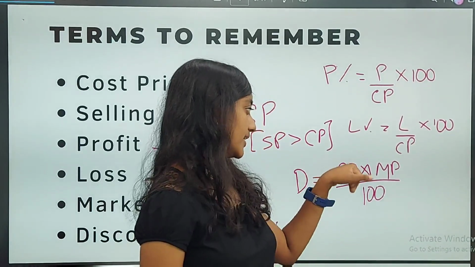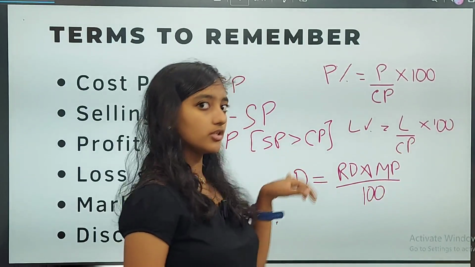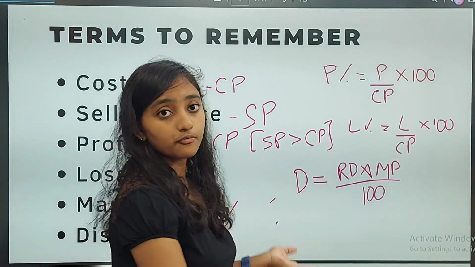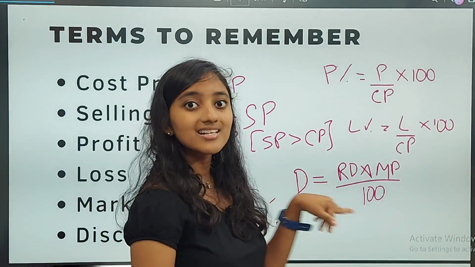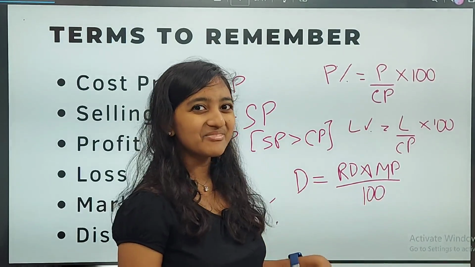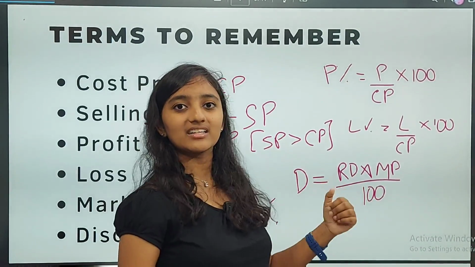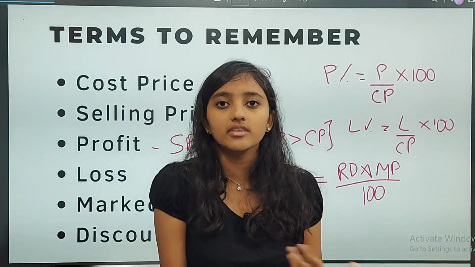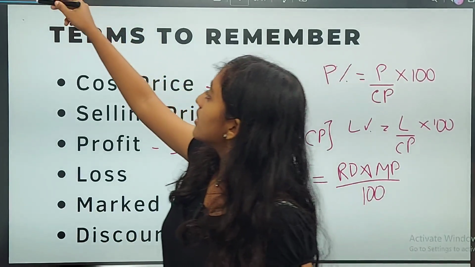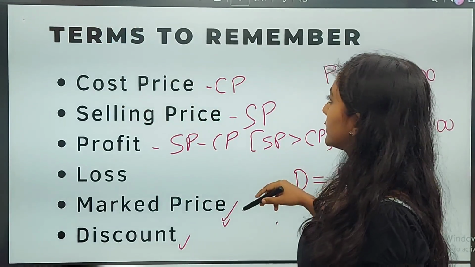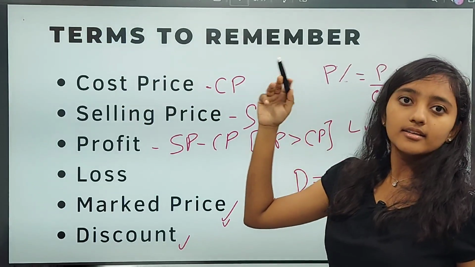So 10 by 100 into 10,000 will give you the discount. Then when you're trying to find how much you actually have to pay, you subtract the discount from the price, and then you will get what you finally have to pay.